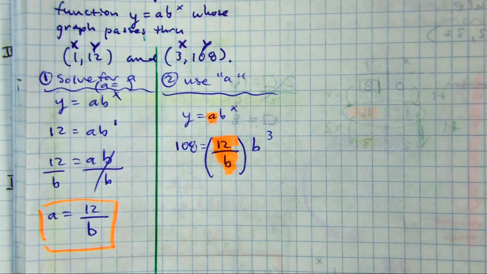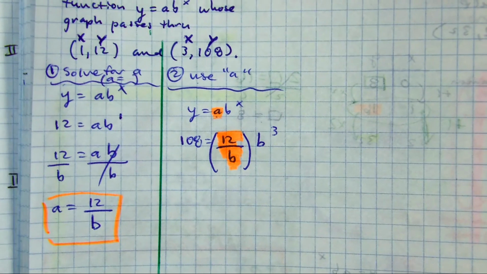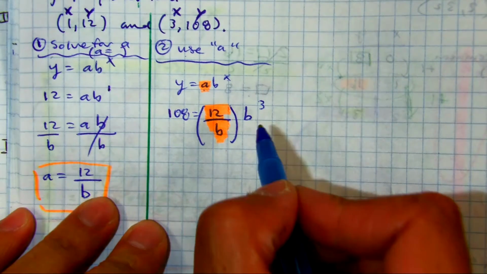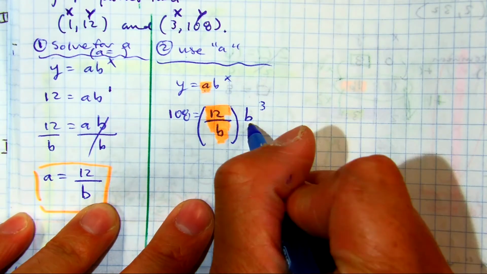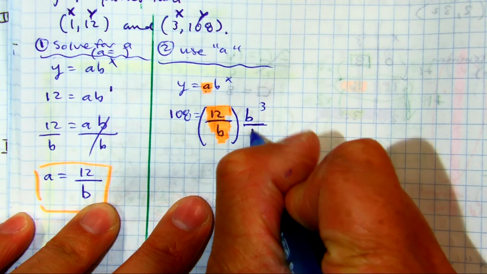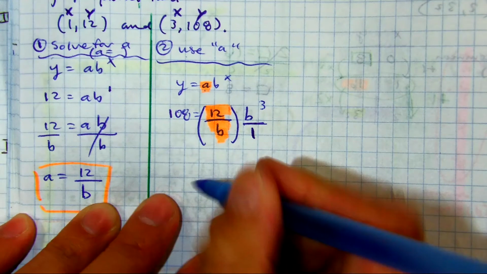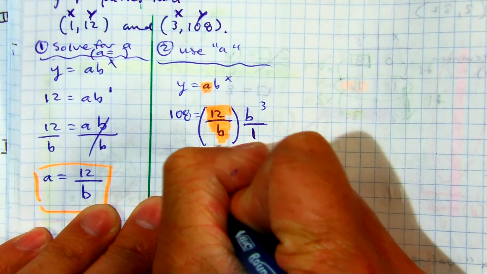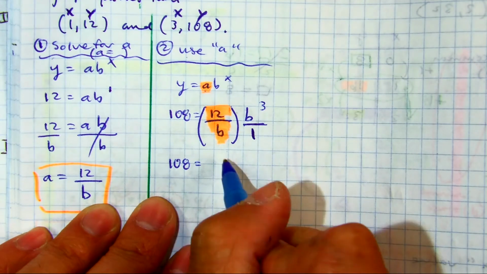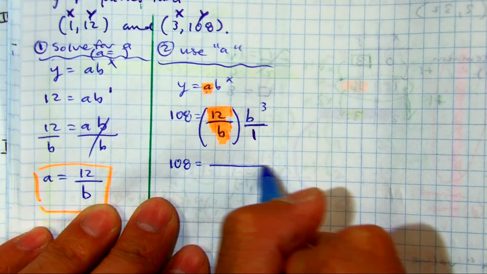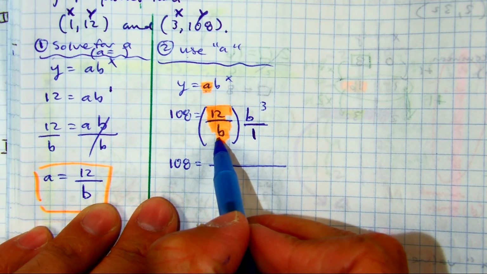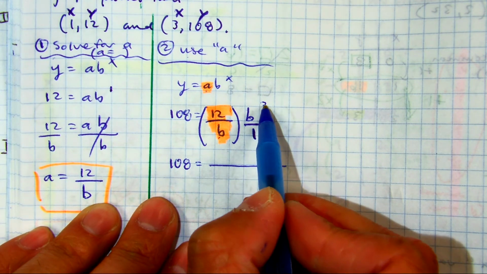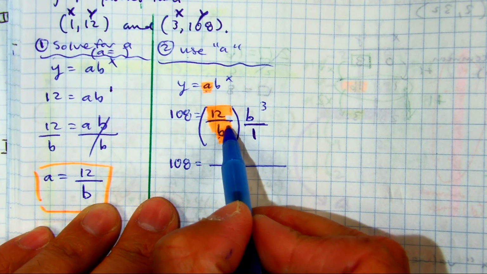Let's solve this craziness and see what we get. B to the third. How do you make that a fraction? Put over 1. Since we're in exponentials, you can use a couple of rules here. Same base, you can subtract the exponents. 3 minus 1 equals what? 2.